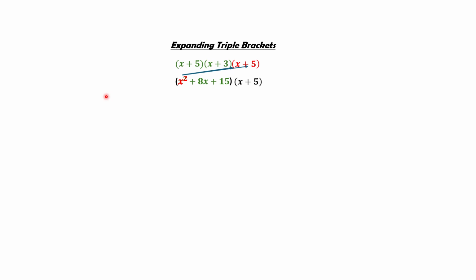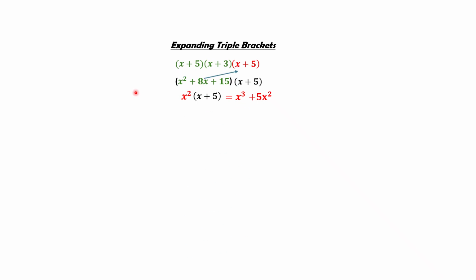X squared times x is x cubed, and x squared times 5 is 5x squared. So I just multiply it here, and I just multiply it there. We do the same for the 8x.